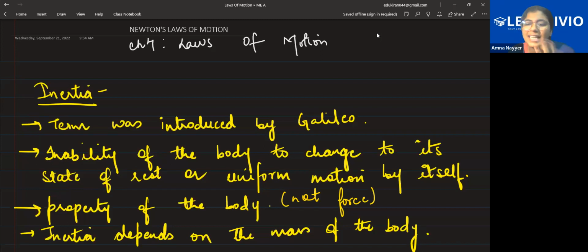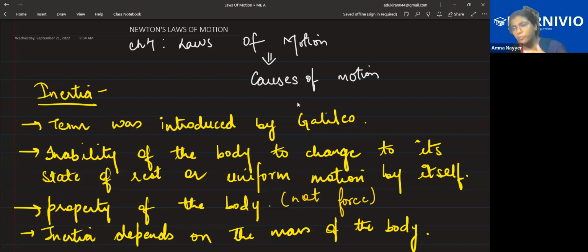See, basically, here I'll tell you. In this chapter, we deal with the cause of motion. Not only a single cause, so it's better if I say causes of motion. So we'll be studying about the causes of motion. Now we'll focus: if the car had a particular velocity and the car began moving and there was a certain displacement covered, the car moved because the velocity was there and acceleration was there, which led to the force.